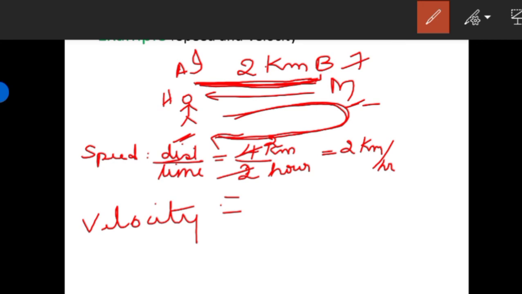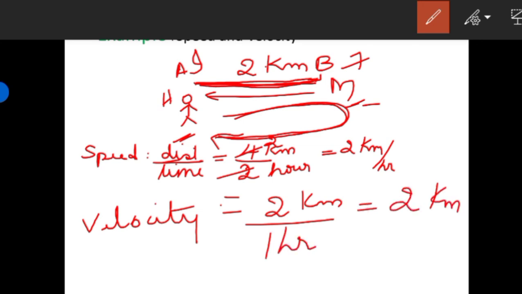The displacement is the distance between the initial and the final position, that is 2 kilometers. And the total time taken by the boy to reach McDonald's is 1 hour. So, the velocity will be 2 kilometers per hour.